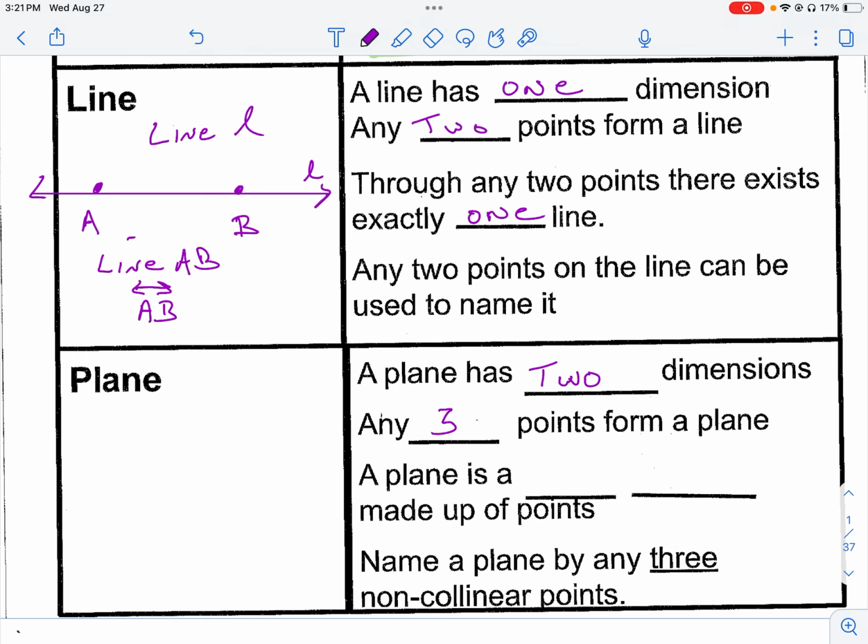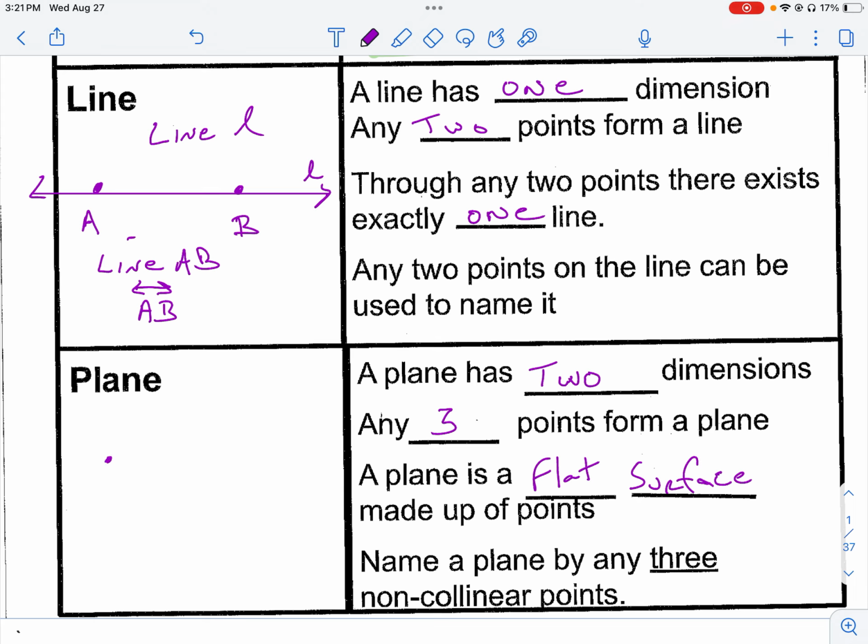So 3 points, we have a plane, which is a flat surface. It's easy to think of a wall or a whiteboard as a plane. And we name a plane by any 3 non-collinear points.